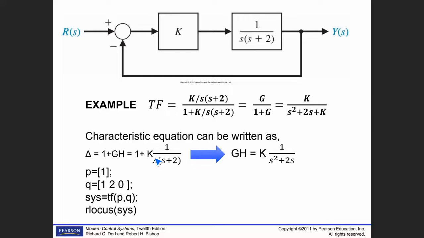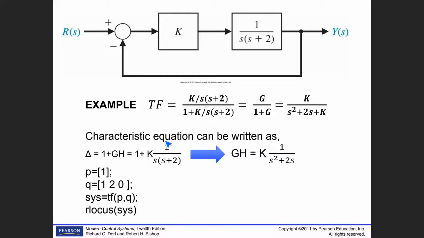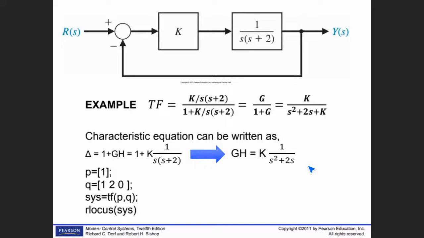You can see that term, GH. You are drawing GH, kids. P is 1, and Q is 1, 2, 0.